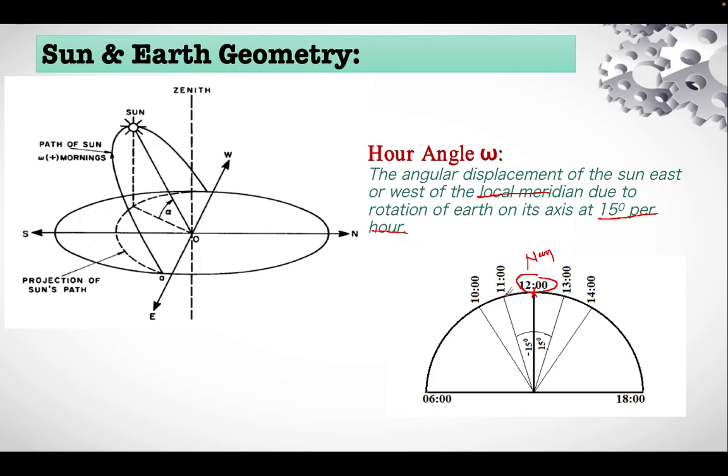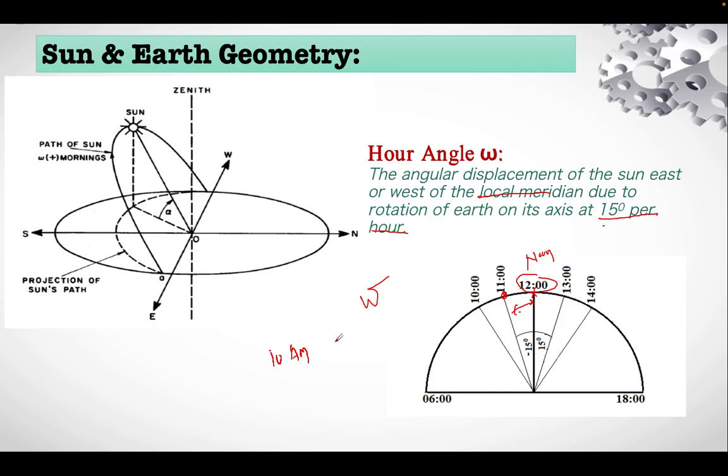If it is 11 a.m., the sun will be placed here, and the angle between those two is 15 degrees. So 1 hour angle is equal to 15 degrees per hour, and by considering the number of hours in the forenoon and afternoon, we can calculate the hour angle. That is omega. Now as an example, consider the time is 10 a.m., and we have to calculate the hour angle.